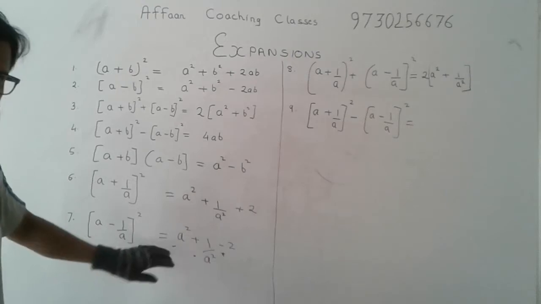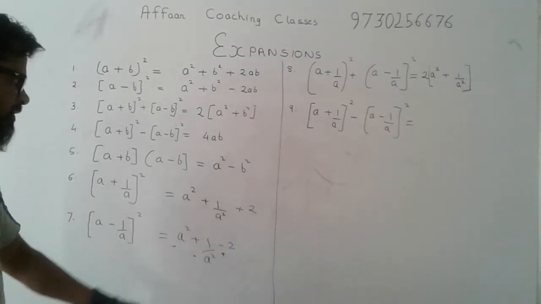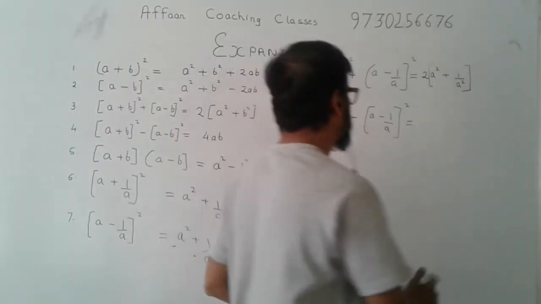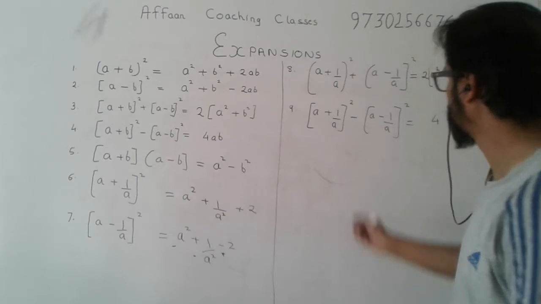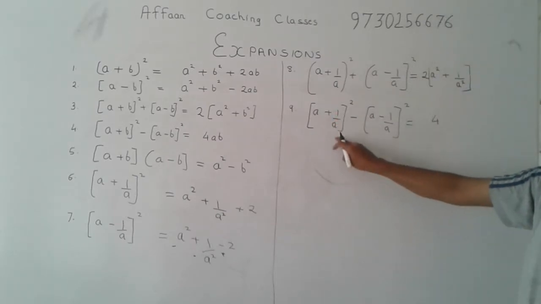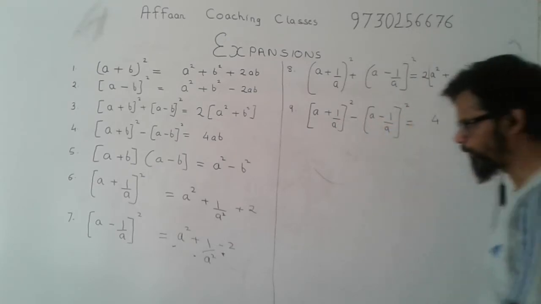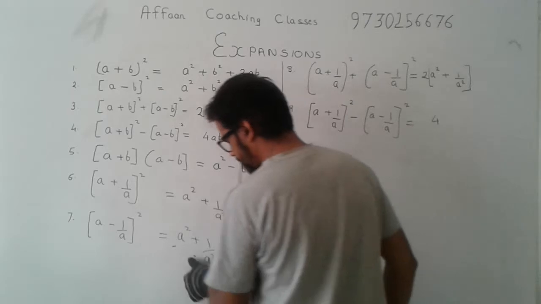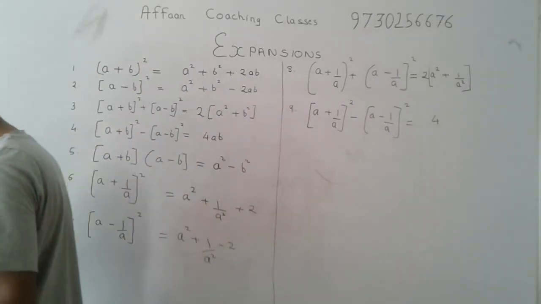So a square minus a square is 0. 1 upon a square minus 1 upon a square is again 0. 2 plus 2 is 4. Clear? So (a plus 1 upon a) whole bracket square minus (a minus 1 upon a) whole bracket square is 4. So you have to learn all these formulas, right?